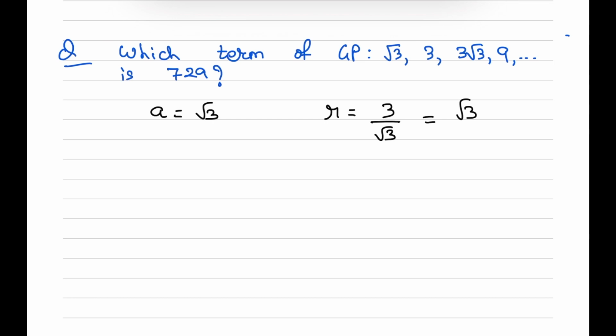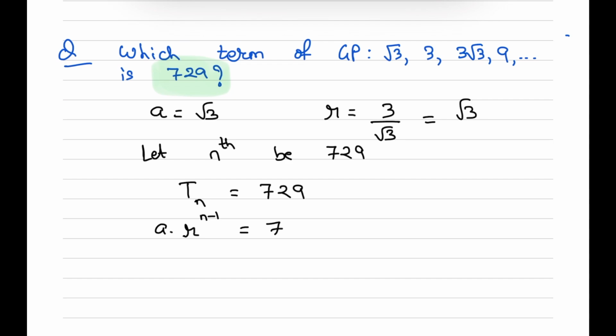And the question is asking for the number of the term, which term is 729. So let us assume the nth term be 729. That means Tn equals 729. So using the formula for general term, a times r raised to n minus 1, in this case it is 729.